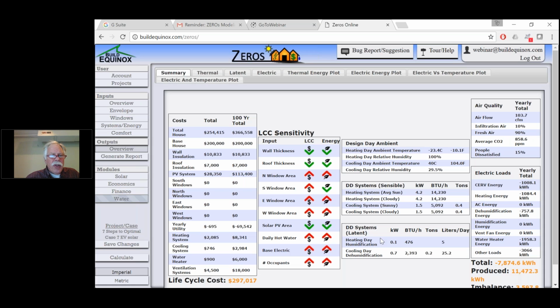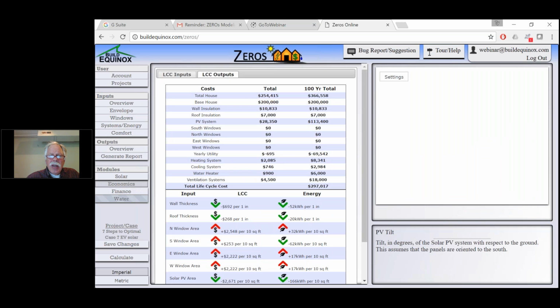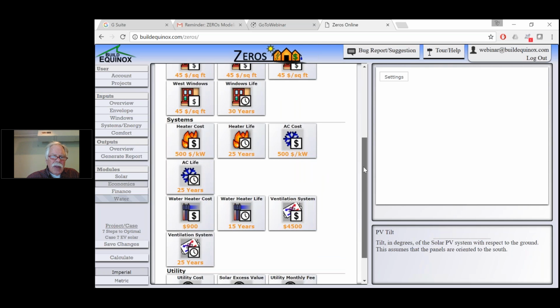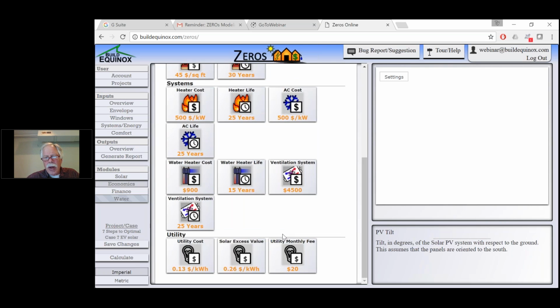So we overproduce this. We look at the economics, and on the inputs, I've added a dollar benefit of 26 cents per kilowatt hour, and that's the value of the difference between 2 to 3 cents per mile for solar electric transportation and 12 to 13 cents per mile for gasoline powered transportation.